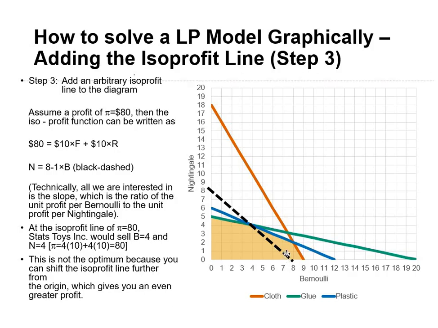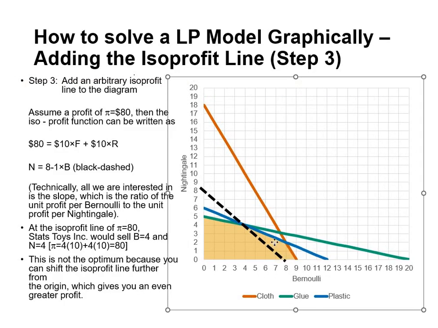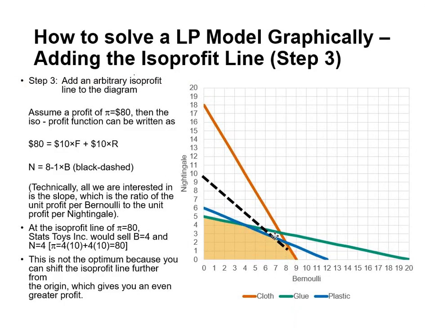And if I want to know the ISO profit line for a profit of 100, then I would have to shift that to the right to 10. And if I want to know the ISO profit line at 120, I will shift it to 12. But this is just here for 8.